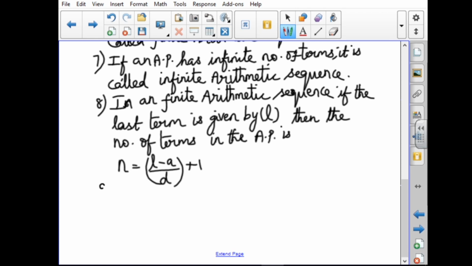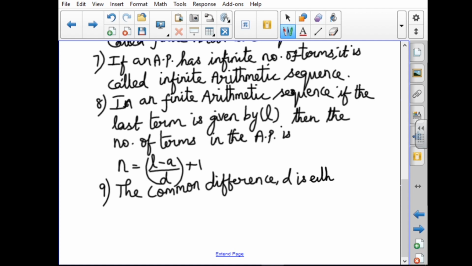Next, we say about the common difference. The common difference, which we denote by the term D, is either positive or negative, or it is 0. Suppose it is 0.